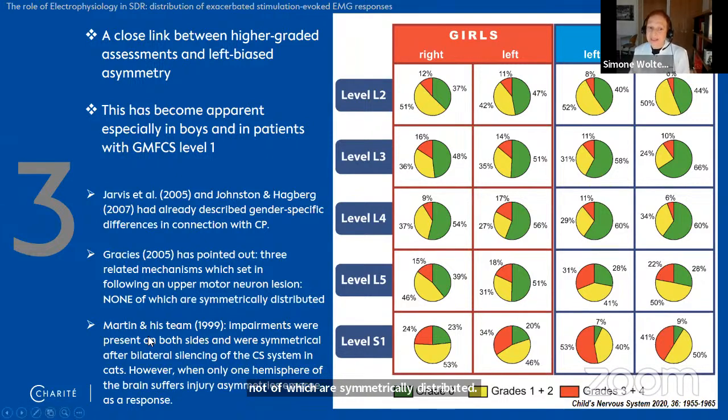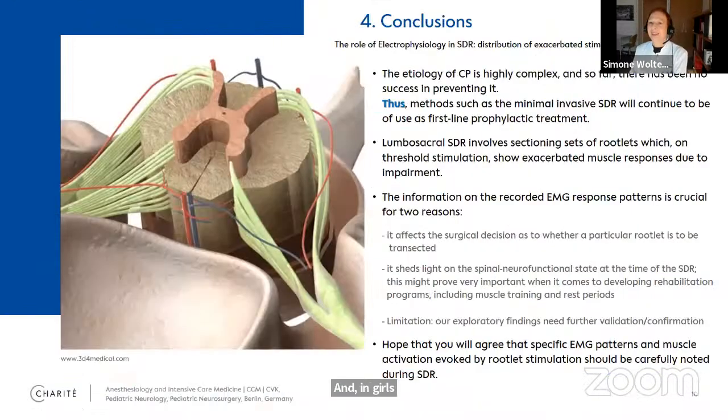And Martin and his team observed the following: when only one hemisphere of the brain suffers injury, asymmetries emerge in response. And so it is no surprise that we have found differences between the right and the left, and between the levels, and in girls and in boys.